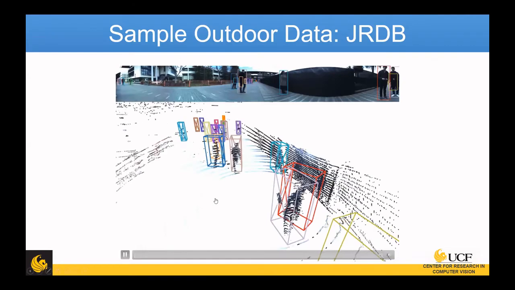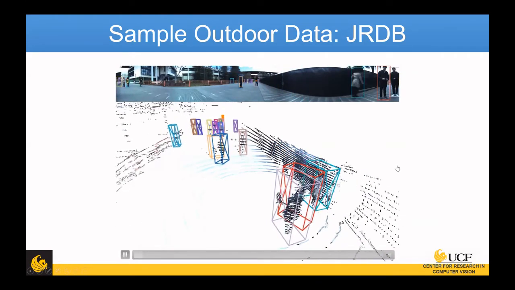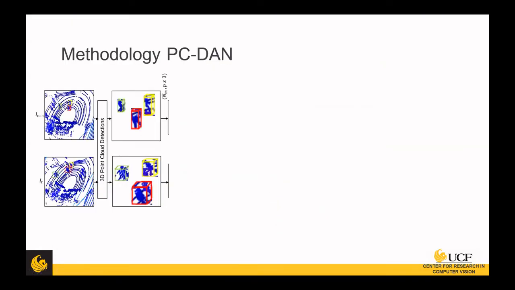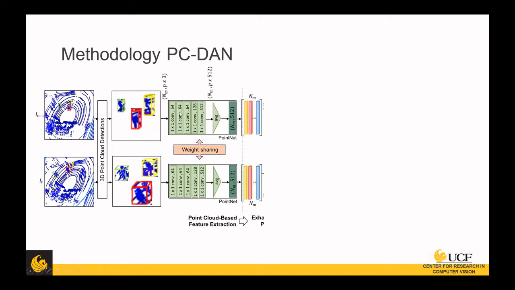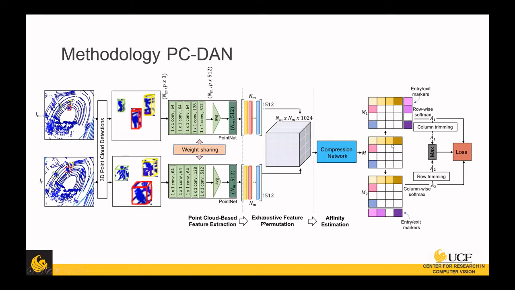So there's another example here, which we are showing. This is the outdoor. So actually we can use the same approach, extend to 3D. Again, we have this point cloud in T-1, point cloud in T, and we get the detections and then compute these features as we did before and get this cube, and these are the matrices, and then we can minimize the loss.